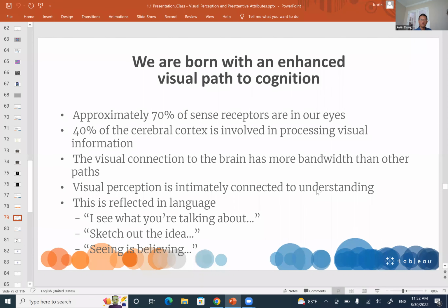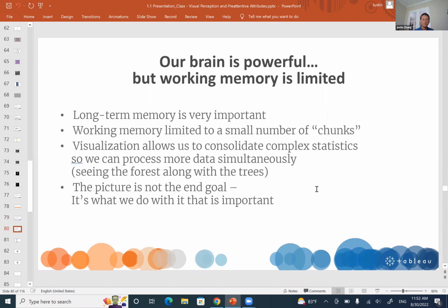So that's why it's important to learn by watching people doing something, which is also reflected in language, like we normally say, I see what you're talking about. Seeing is believing, sketch out an idea, etc.